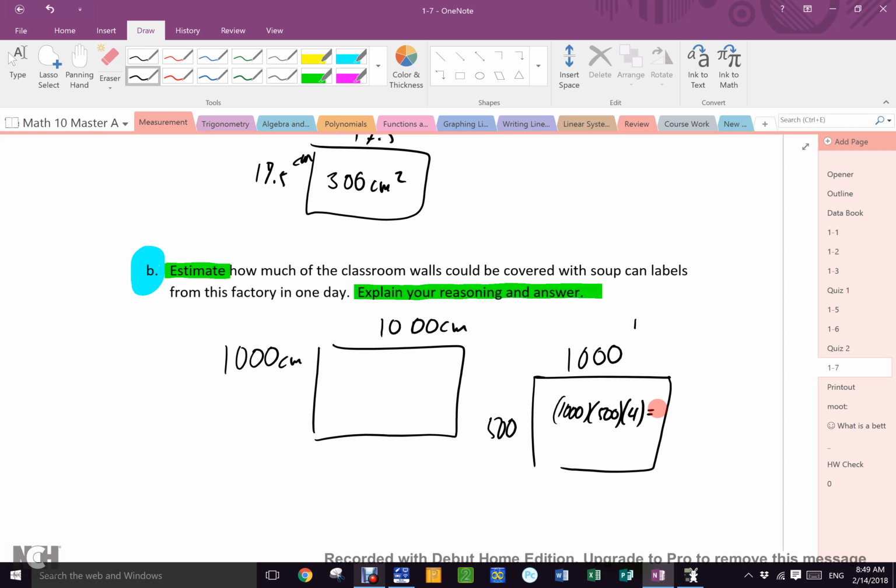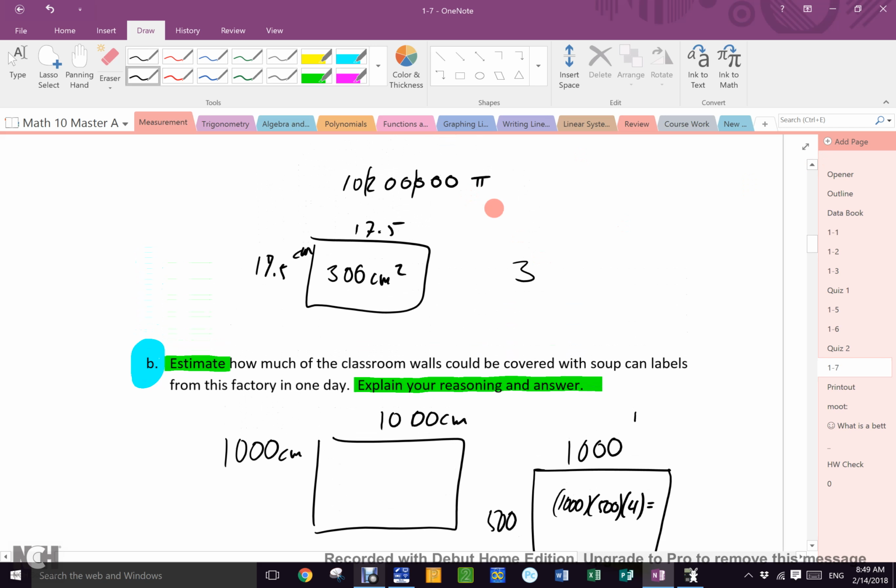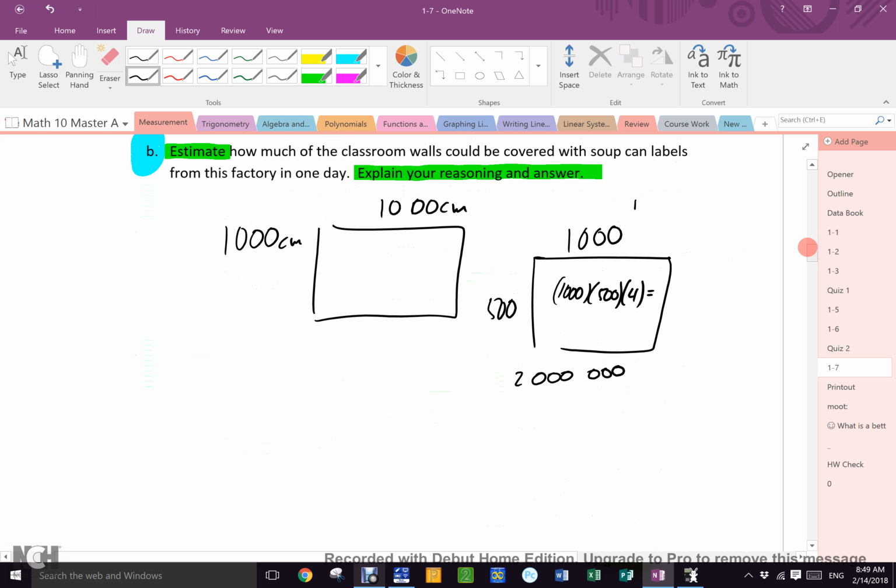And that is 2 million. Yeah, I know, Jazz, 2 million. And I have how much? I have 31 million centimeters squared. Could I fill my wall? Yes. How many times?